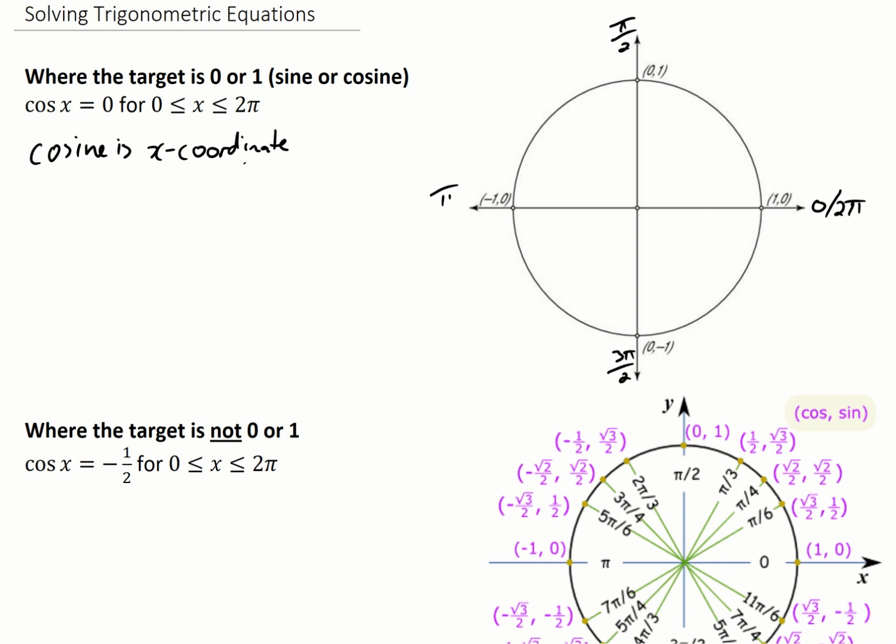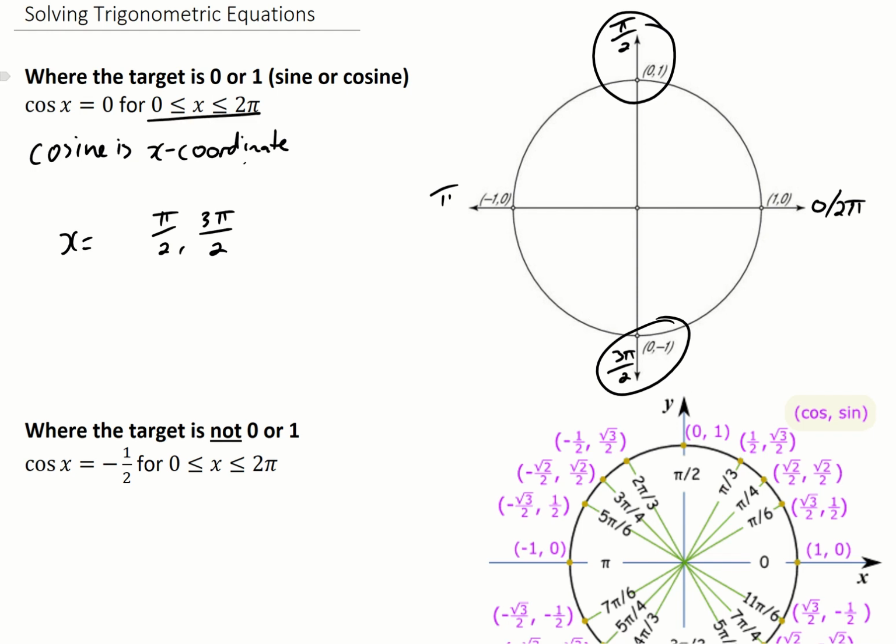Okay, so I'm just hunting around looking for x-coordinates that are 0. So there is one, and there's another one. So my solutions are pi on 2 and 3 pi on 2. Okay, those two angles have a cosine of 0.